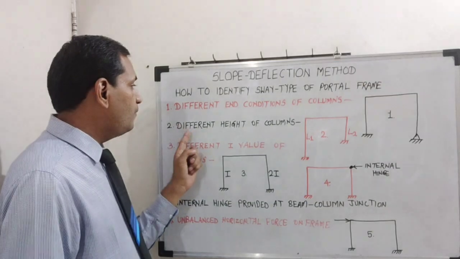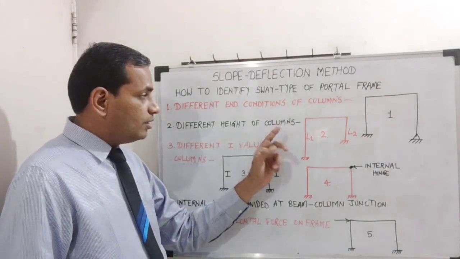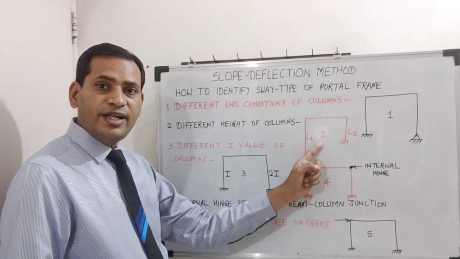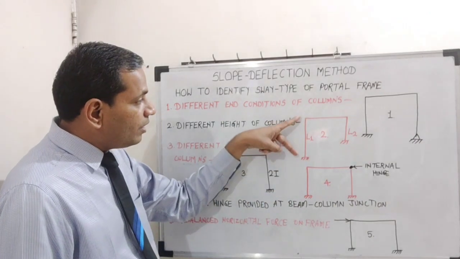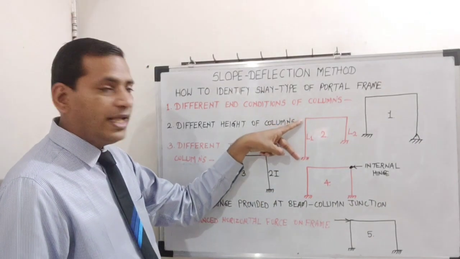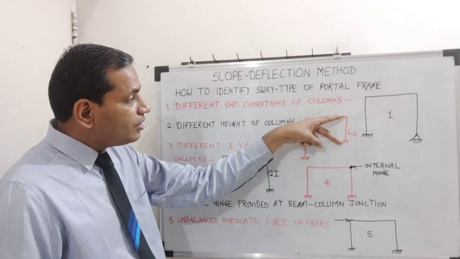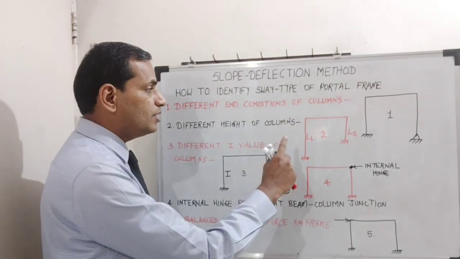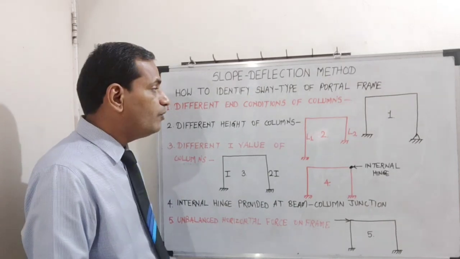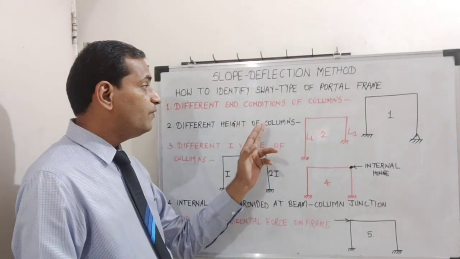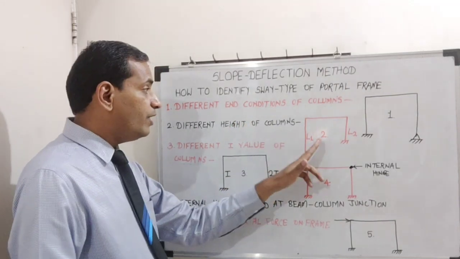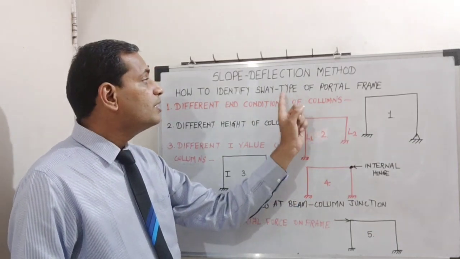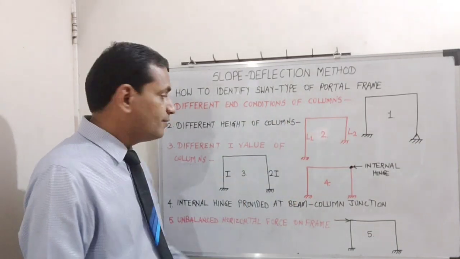Second, different height of columns. Refer to the second diagram. One column is of height L1, and another column of the same frame is of height L2. So if the same frame has two columns with different heights, that frame will also qualify as a sway type of portal frame.